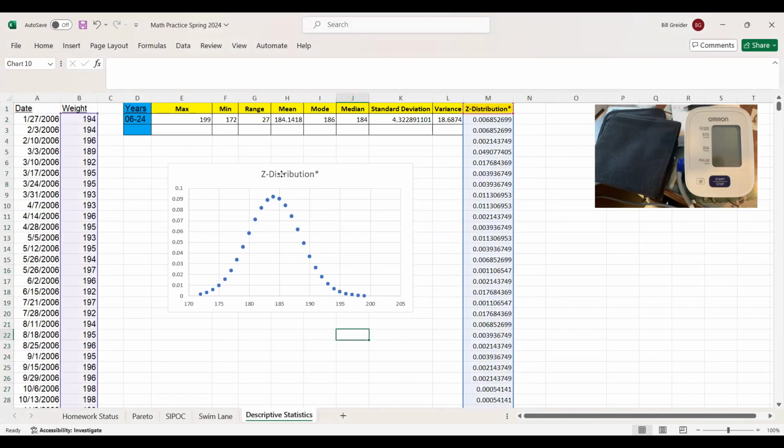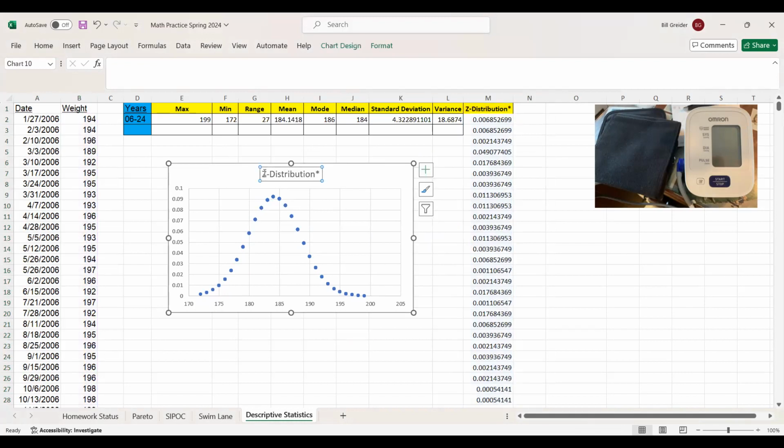And obviously, you can label it whatever you want. Bill's weight. And you can see that a Z distribution would be where the mean, the mode, and the median are exactly the same. They'd all be 184 point whatever. In this case, they're all pretty close: 184, 186, and the median is 184.